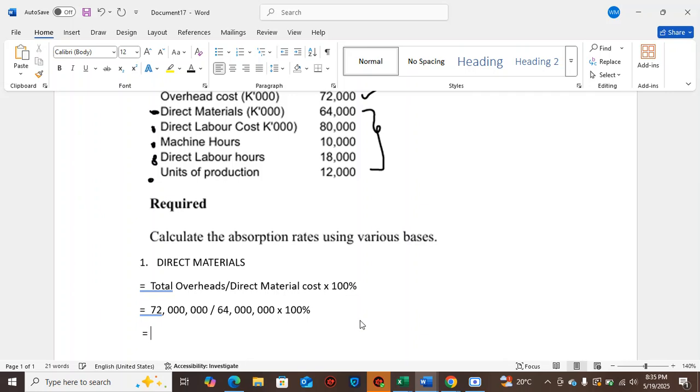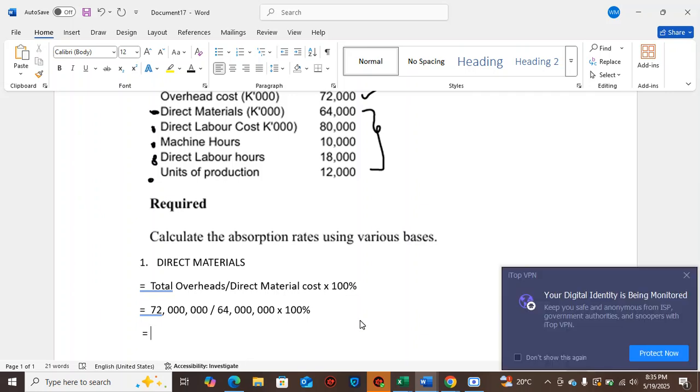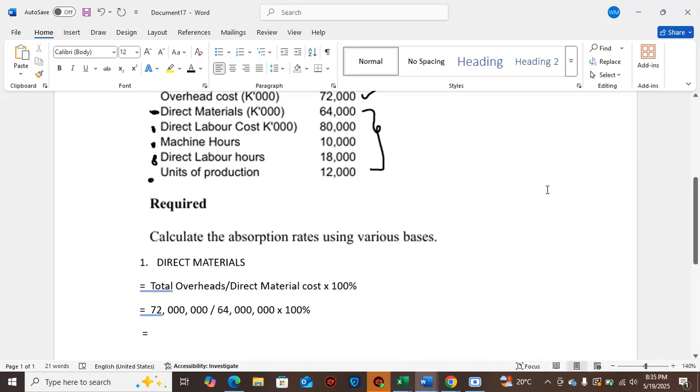So colleagues, 72 million divided by 64 million, what do we get?